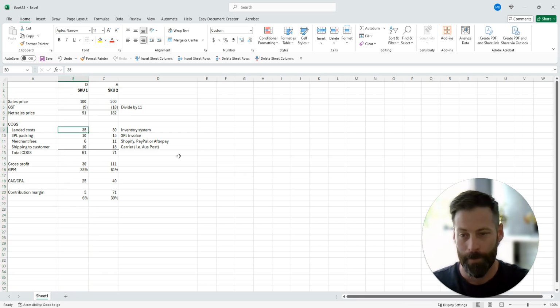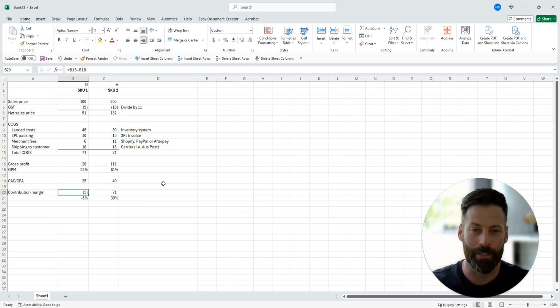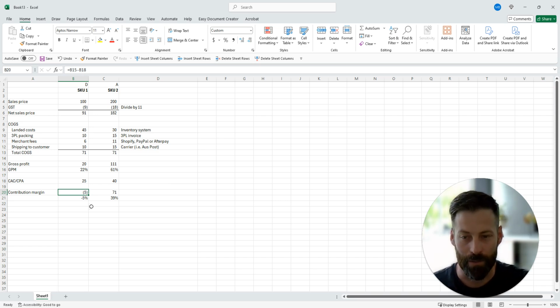In some cases, I've seen businesses where their gross profit margin is so low, it doesn't leave any capacity to spend money on ads, and therefore the contribution margin is negative. But they continue to sell it because they don't properly understand their unit economics, and so they don't realize they're putting ad spend behind something that's actually going to lose them money.